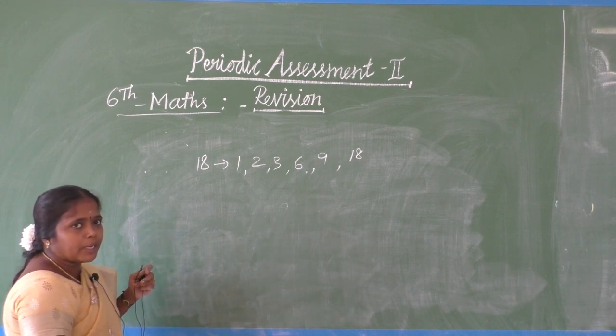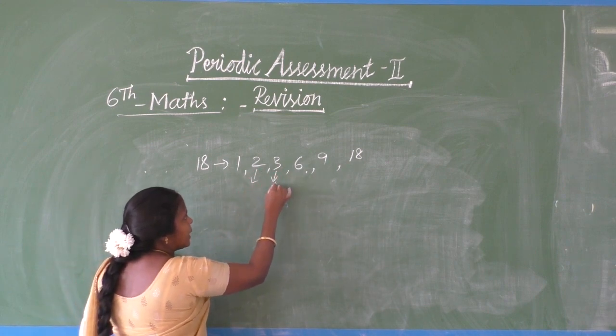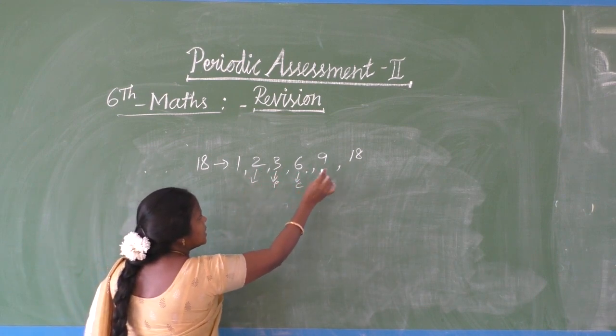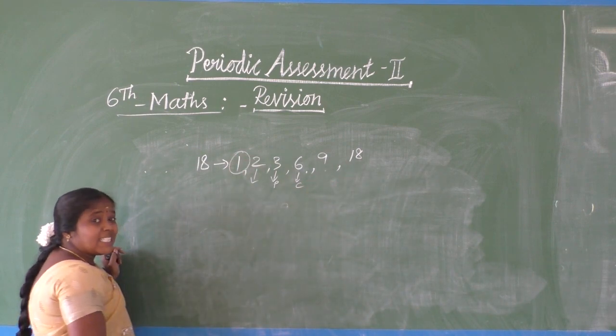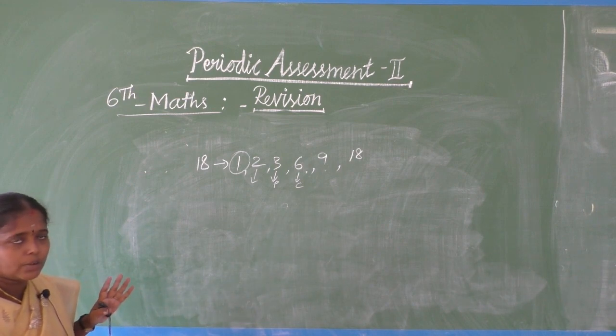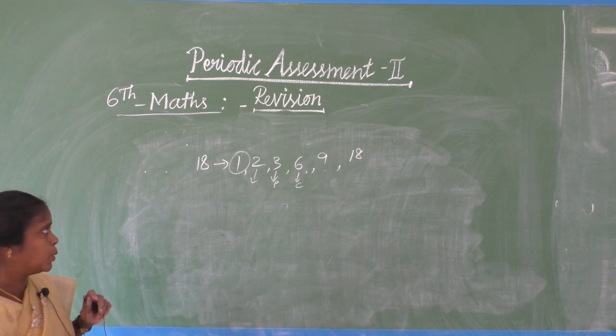What are the factors coming here? 2 is a prime number, 3 is a prime number, 6 composite, 9 and 18 also composite. What about this 1? 1 is neither prime nor composite.